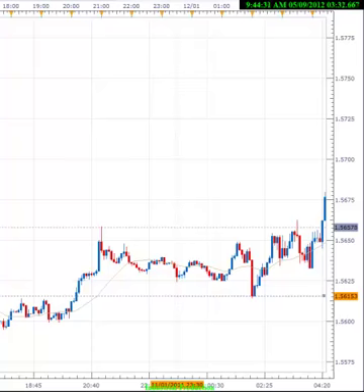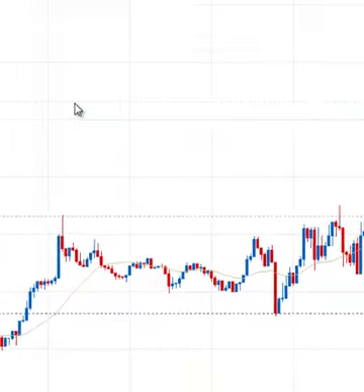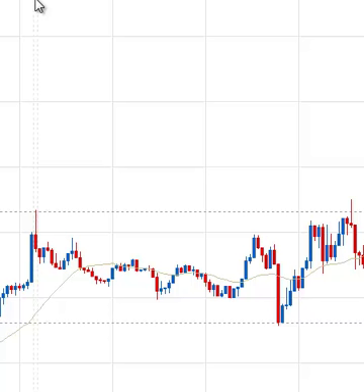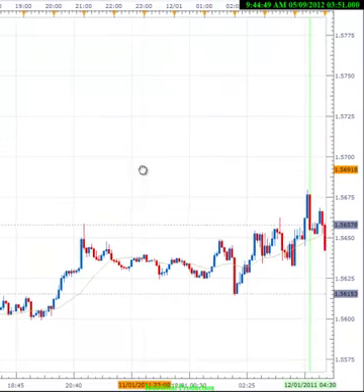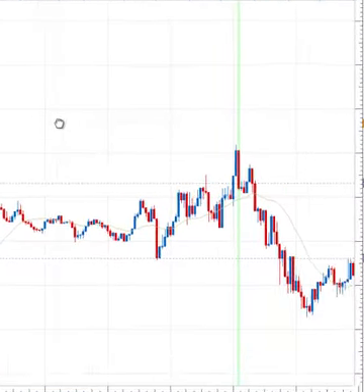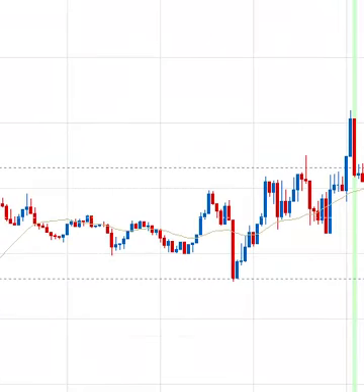Now let's wait for the 5-minute close of the news candle. Okay, it has been a red candle, which means that I want to go short. I go short right from here, and enjoy the profits.